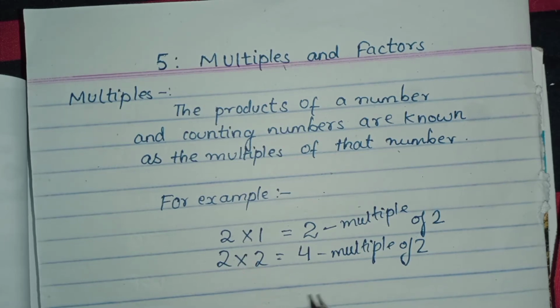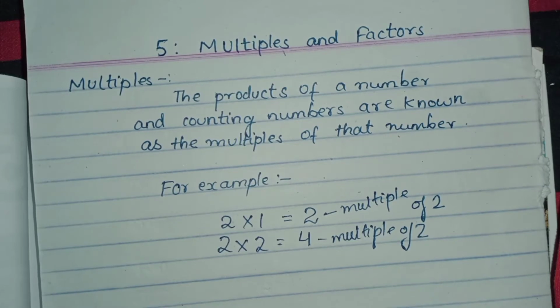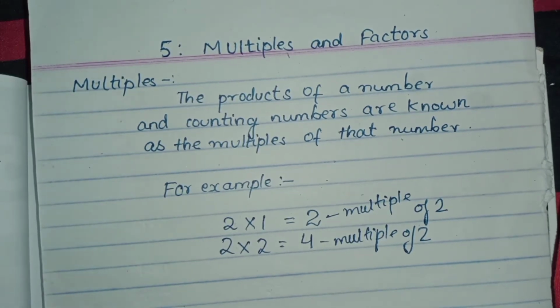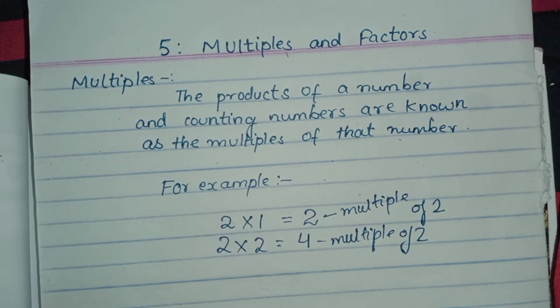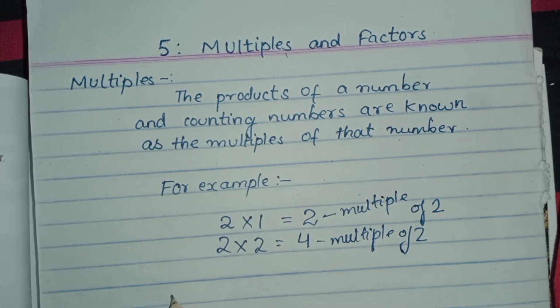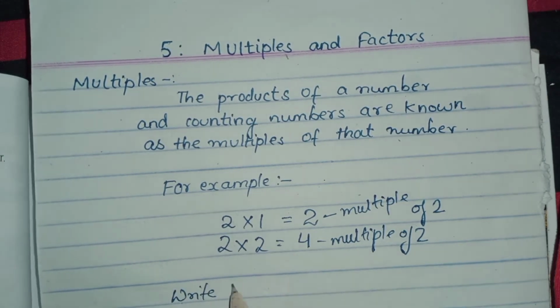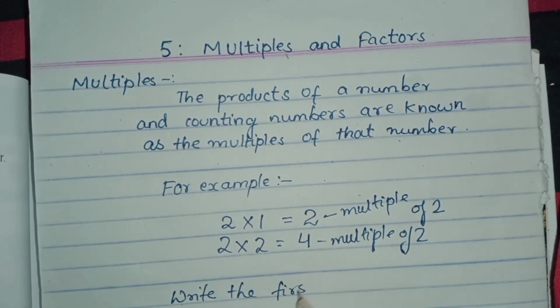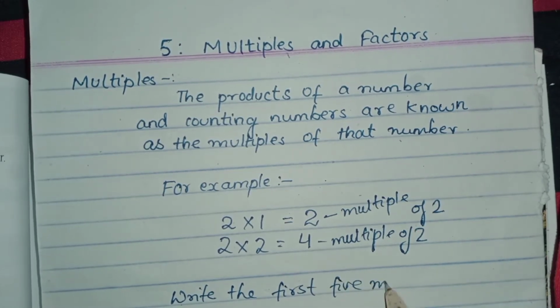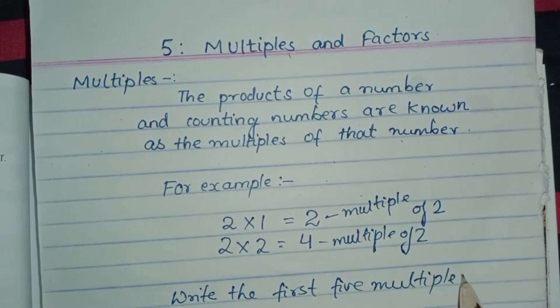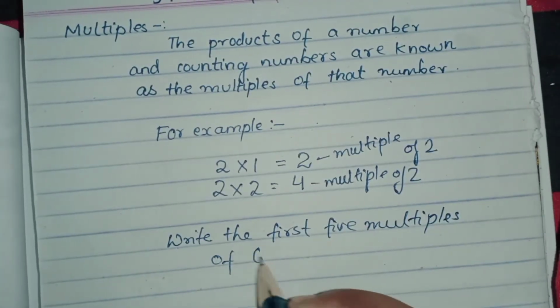Now let me give you one more example. This multiple is very easy because already you know the table, and after multiplying each, whatever you get, like 6 1s are 6, 6 2s are 12, the 6, 12, 18, 24, what are they? They are the multiples of 6. So let me give you one example: write the first 5 multiples of 6.